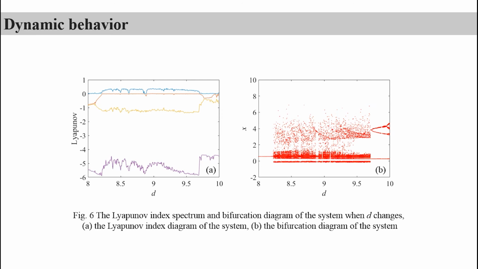When D is 9.7119, the system enters a periodic state. At this time, the Lyapunov exponent is this.